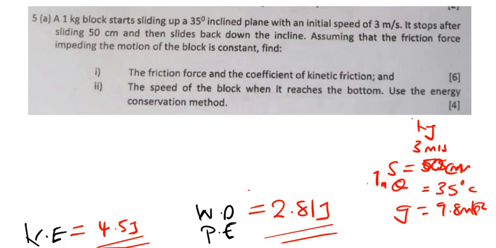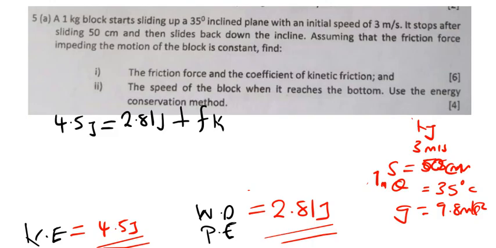Initially we had the kinetic energy, which was 4.5 joules. This should be equal to the energy used to gain potential energy, which is 2.81 joules, plus the friction that they're asking us to find, the friction force.